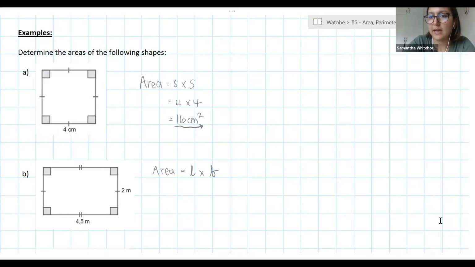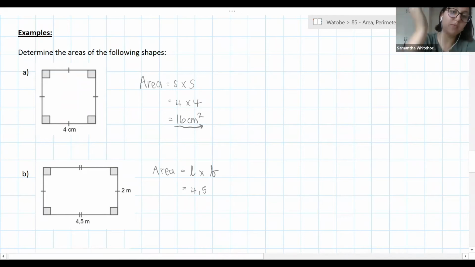Who else do we have on the line? Letu, do you want to give us B? Yes, ma'am. So I did, since it's a rectangle, the opposite sides are equal to each other. So I did 4.5 times by 4.5, then 2 times by 2.